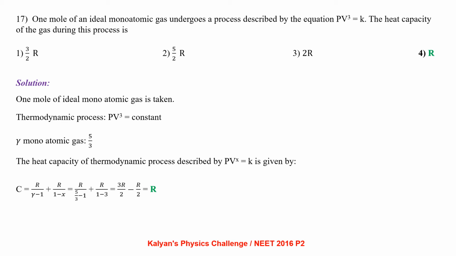The heat capacity of a thermodynamic process described by PV power x equal to constant is given by C equal to R by gamma minus 1 plus R by 1 minus x. As the given question goes, in the place of x we can write 3 and in the place of gamma we can write 5 by 3. Upon simplification we get a specific heat capacity for the process is R.